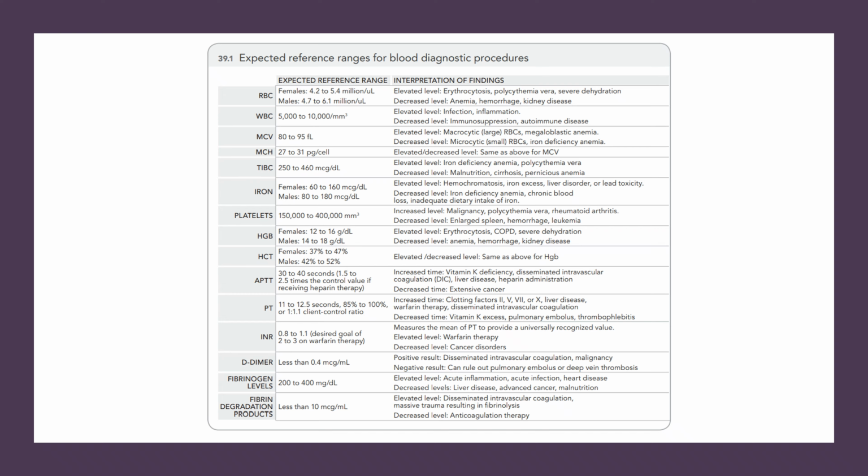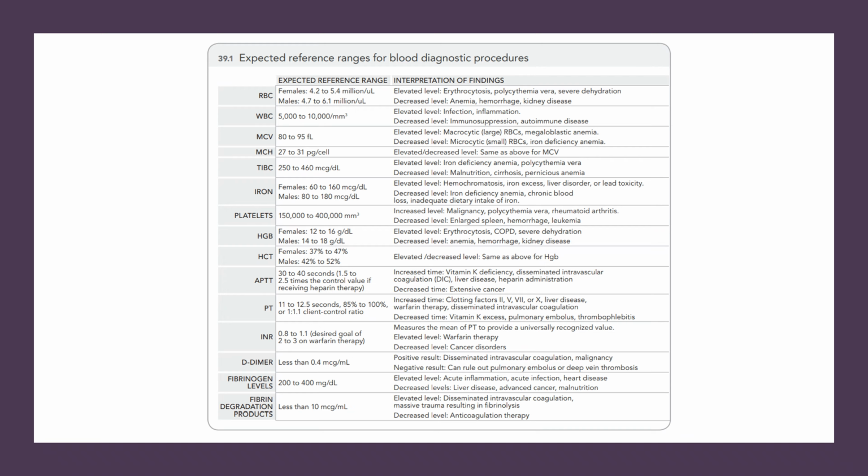So imagine that your blood is a bustling city full of different workers, each with a specific job. Those workers are your blood components, and knowing their normal ranges is key to understanding patient health.